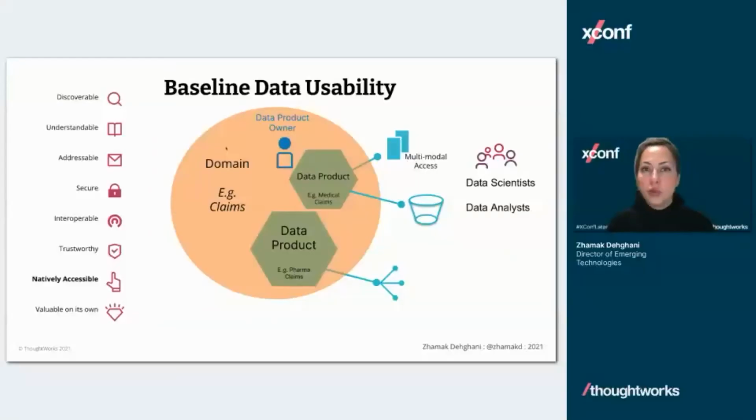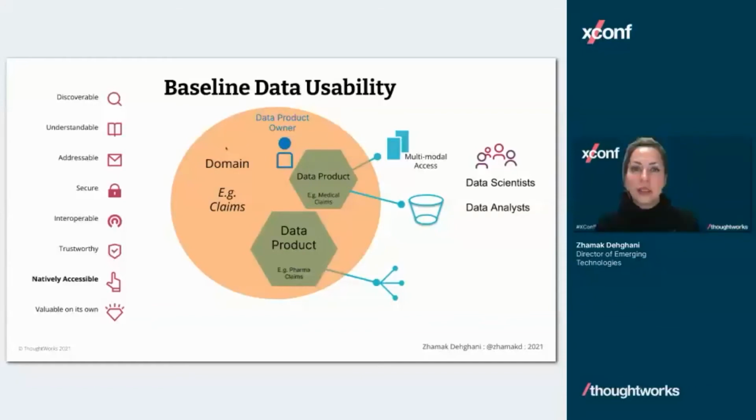And maybe you have applications that have moved on from these models and they're continuously processing events and they're happy with event processing. So we may provide the same data as events. But nevertheless, it is the same data product. And for this data product to be considered a product, it needs to go beyond just a bunch of files on disk or a bunch of tables in a warehouse.